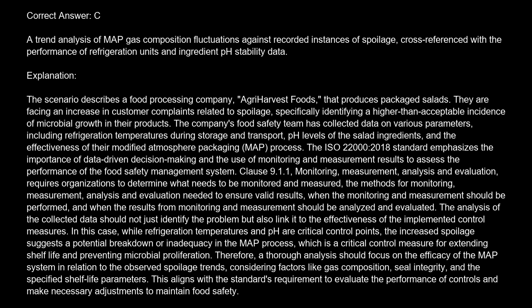Therefore, a thorough analysis should focus on the efficacy of the MAP system in relation to the observed spoilage trends, considering factors like gas composition, seal integrity, and the specified shelf life parameters. This aligns with the standard's requirement to evaluate the performance of controls and make necessary adjustments to maintain food safety.